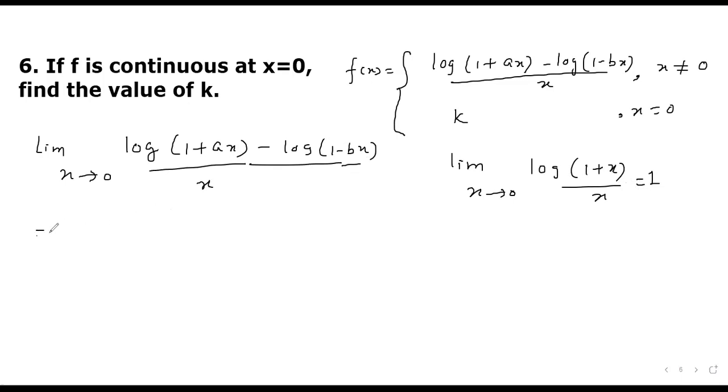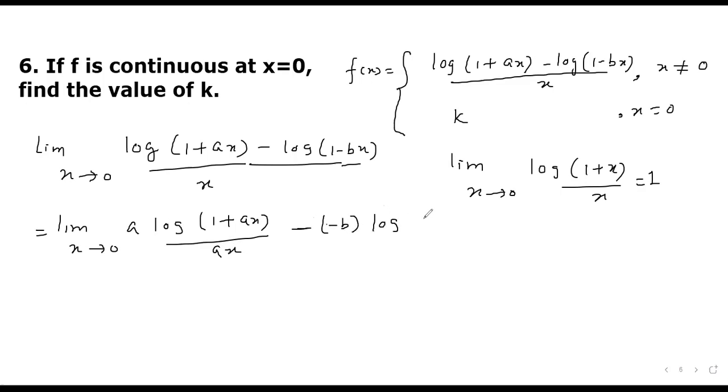So what we can do, we write limit x tends to 0 of log(1 plus ax), we multiply by a here and write ax in the denominator. Here again we write minus b, and since there is a minus sign, log(1 minus bx) divided by minus bx.